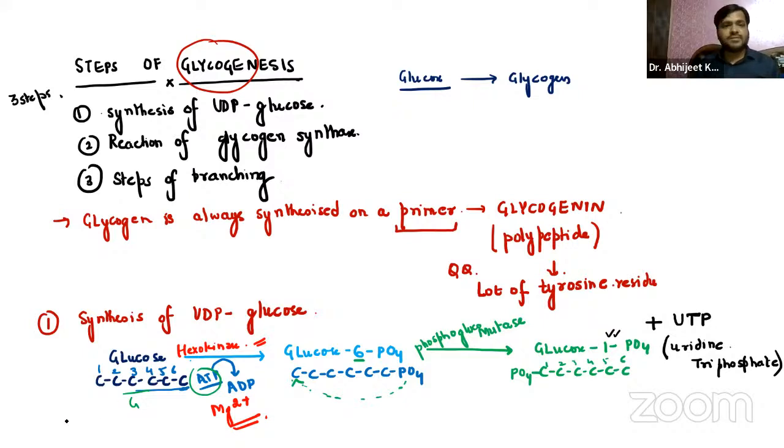Now what will happen, guys? Let me show you on the next slide. We have glucose 1-phosphate combining with UTP, uridine triphosphate. Now, when these two combine, what will happen?